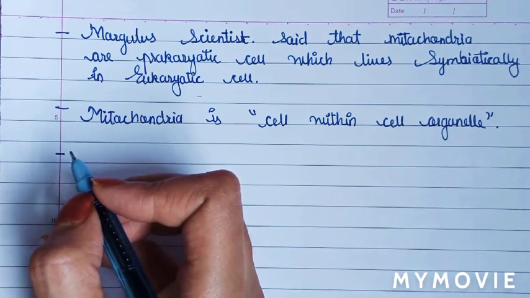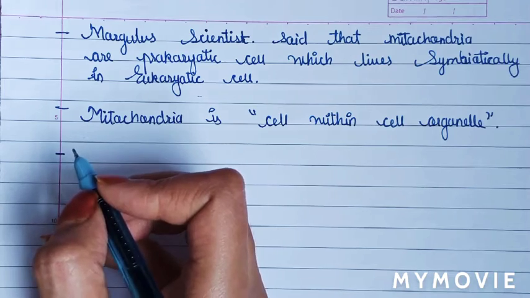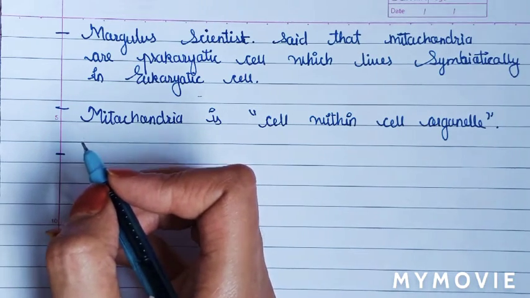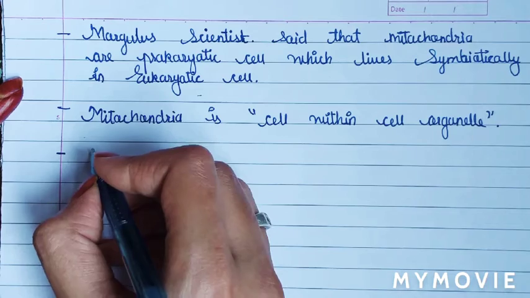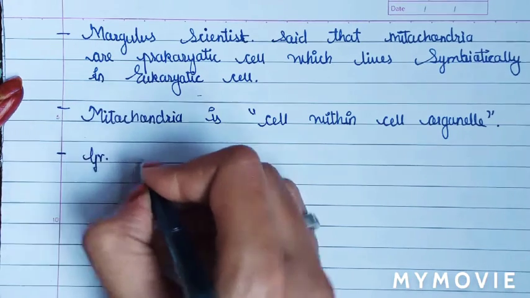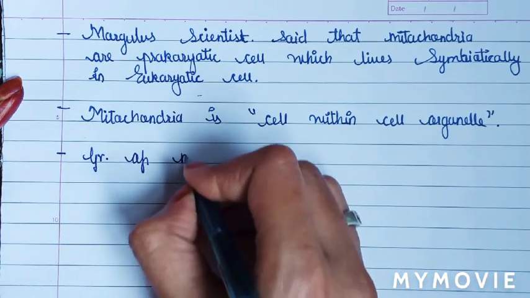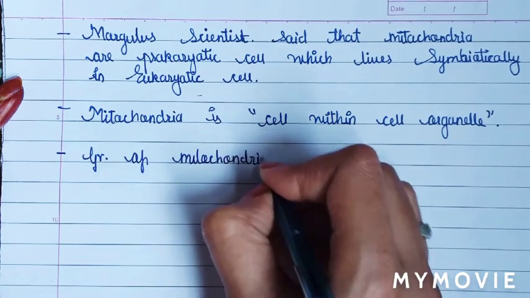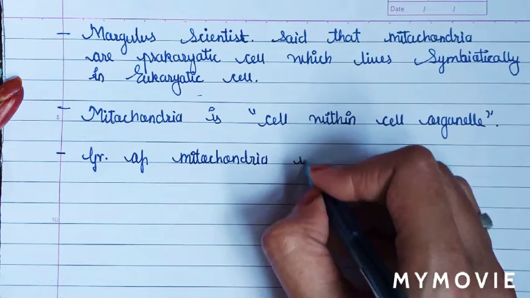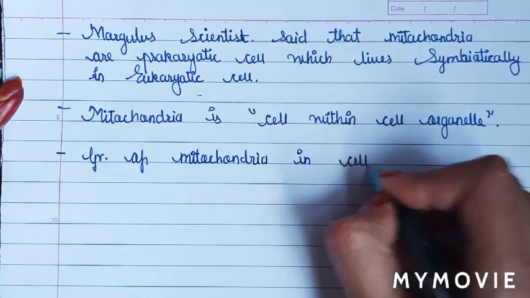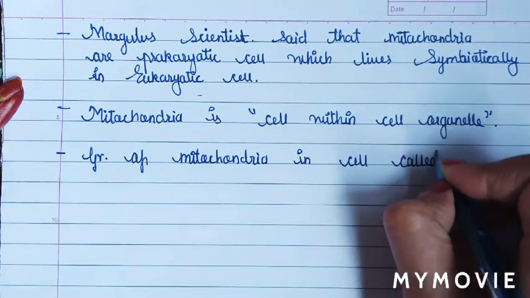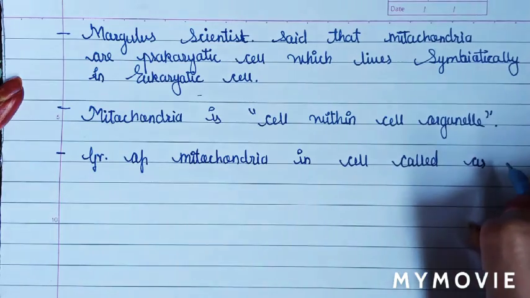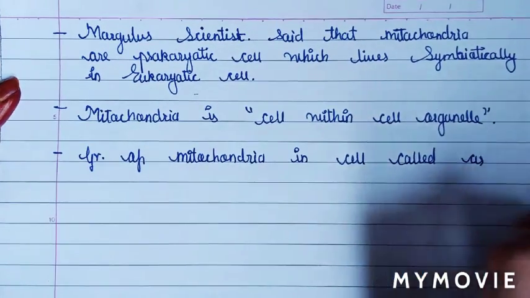The group of mitochondria in cell is known as chondriome. These are important for NEET and CET syllabus.